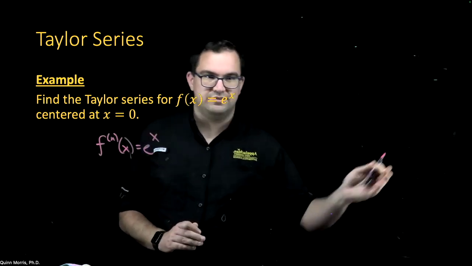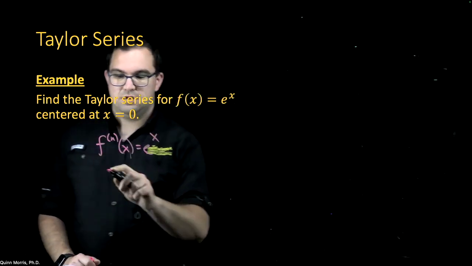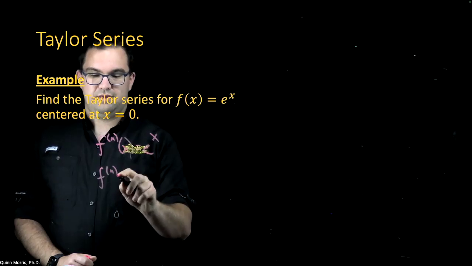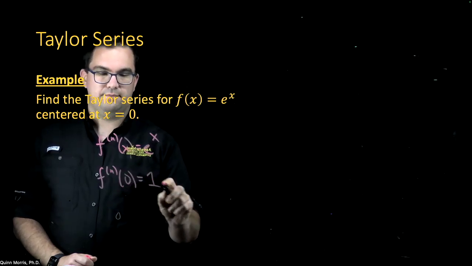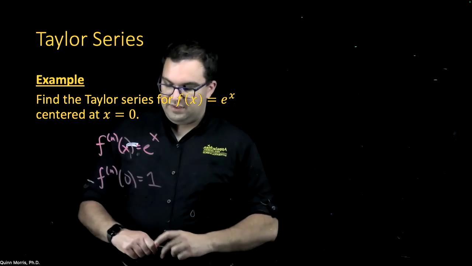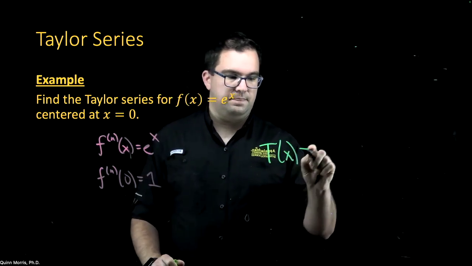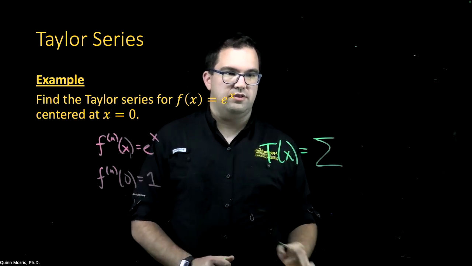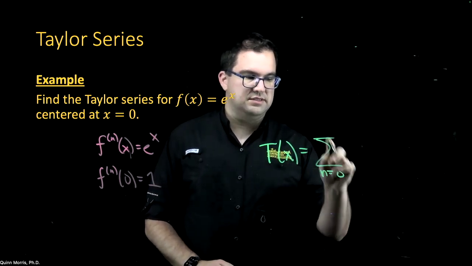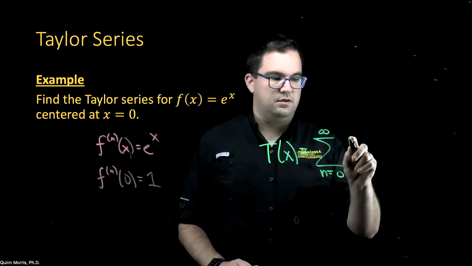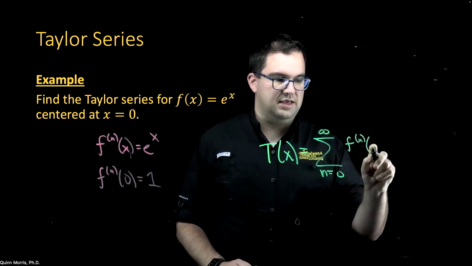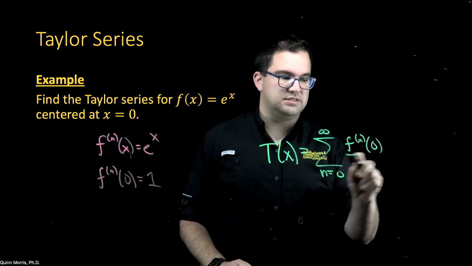You take as many derivatives as you want, you always get e to the x. So that tells you that the nth derivative at 0 is always going to be 1. So if we think about that formula we wrote down for the Taylor series, the Taylor series is going to be the sum n is equal to 0 to infinity of, well, the definition was this. Our a is 0 in this case.